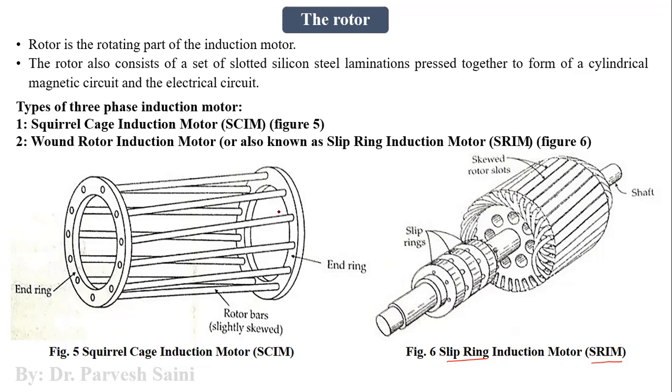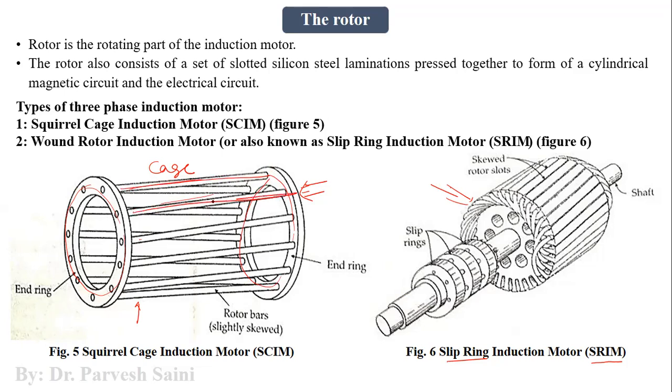Now, as far as the rotor construction is concerned, we have these two shapes. This is the cage rotor, this is a wound rotor, right? Now why is it called a cage rotor? As you can see, it looks like a cage. So we have these end rings here, we have these end rings here, and we have put the conductors.